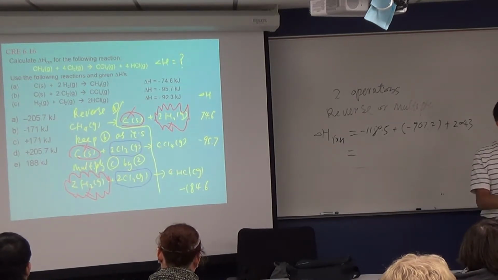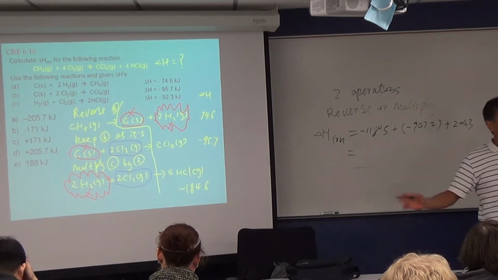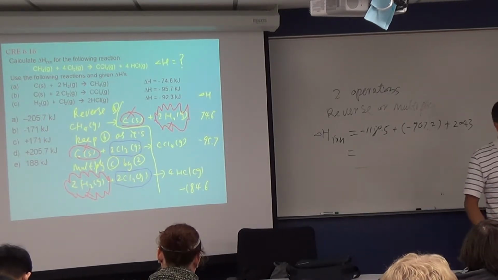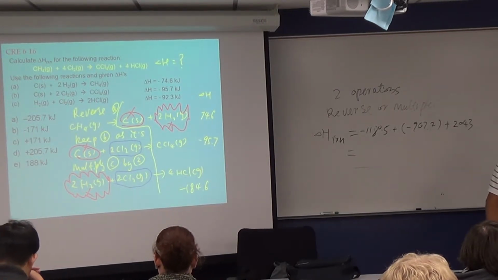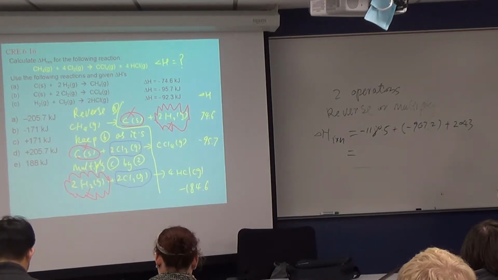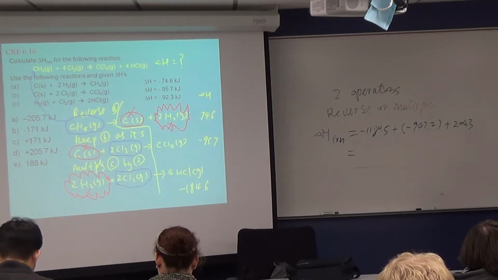Remember that rule I told you: you cancel out the same on two sides, and if they're on the same side, combine. Very similar to algebra. So what is left over from this one becomes that. Understand?